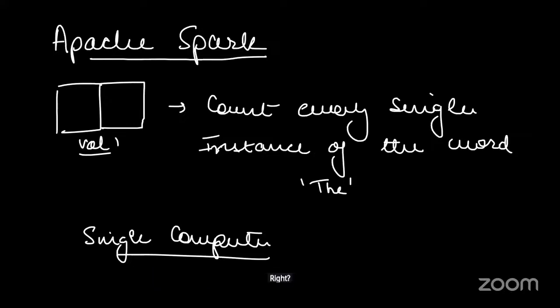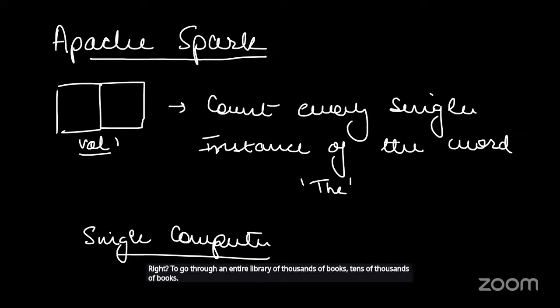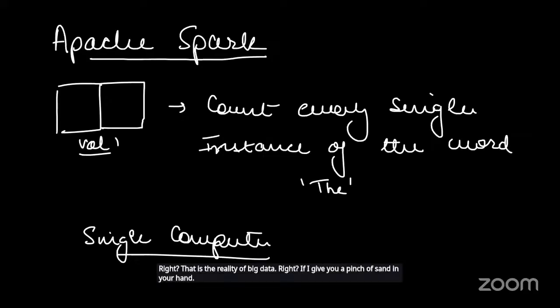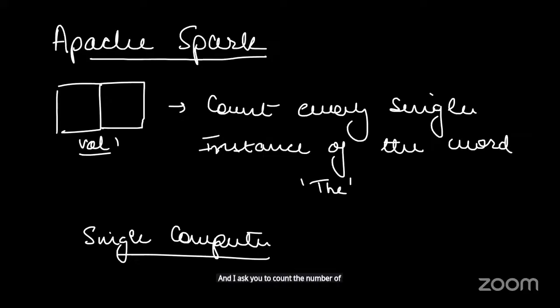To go through an entire library of thousands of books, tens of thousands of books, and count how many times the word "the" came across all of those books, right? That is the reality of big data, right? If I give you a pinch of sand in your hand and I ask you to count the number of particles, you can do it. It's going to be a very long process.